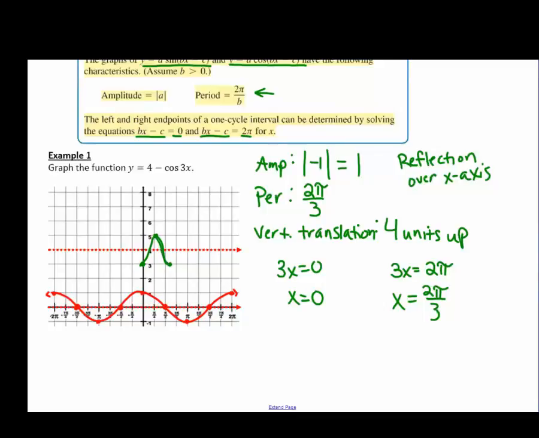And the more you practice, the better you'll get at graphing this. And so then we can graph another cycle. So we go about another 2 pi over 3. And then halfway in between. And we can connect those.